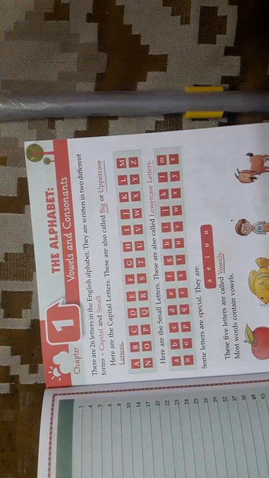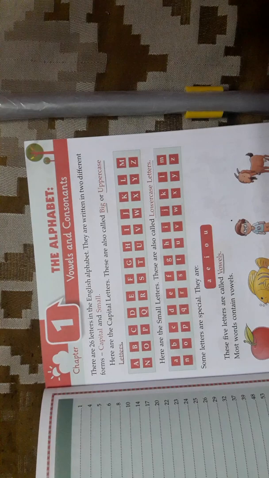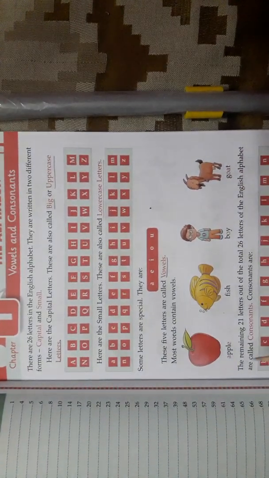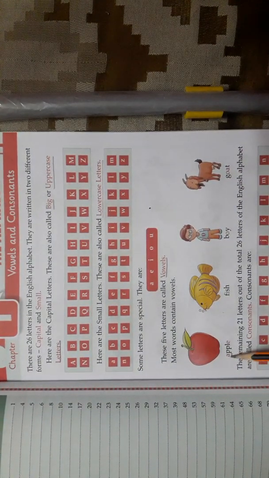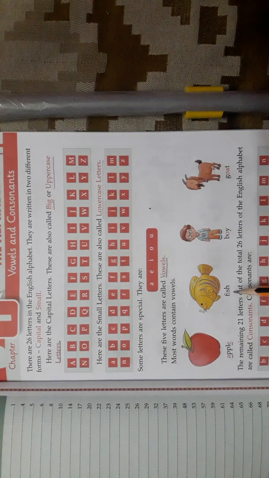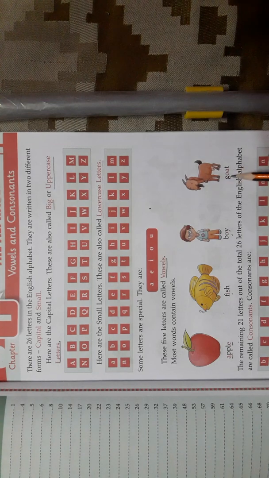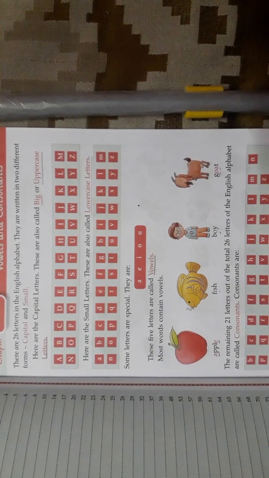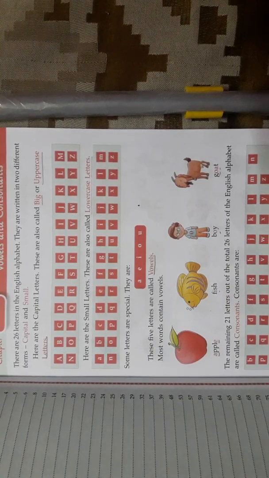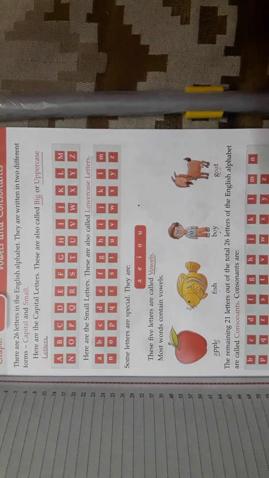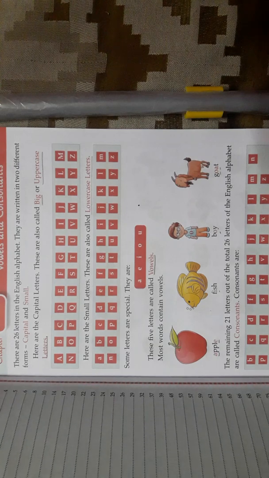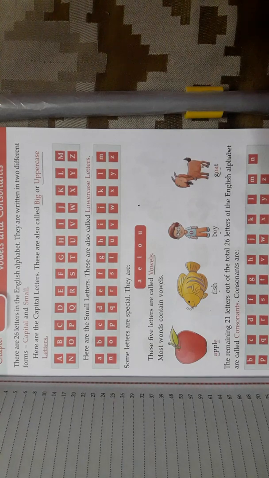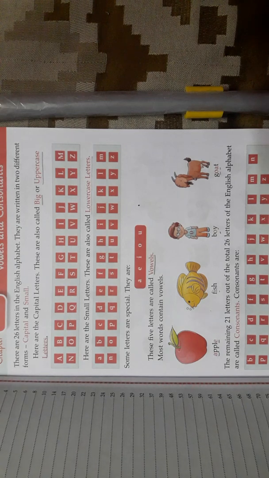Most words contain vowels. Almost all words have vowels, for example apple: A vowel, E vowel; fish: I vowel; boy: O vowel; goat: O vowel and A vowel. So what are vowels? Some special letters in our alphabet are called vowels. A, E, I, O, U.